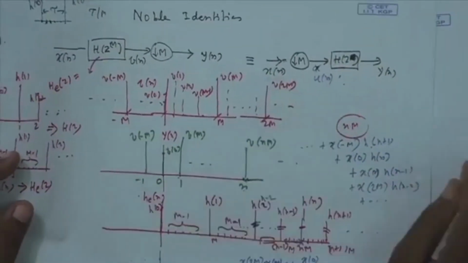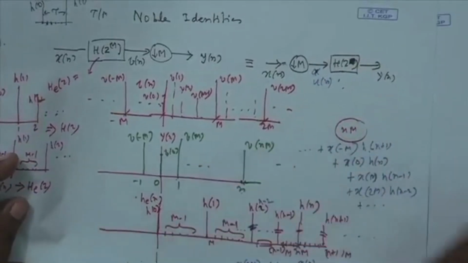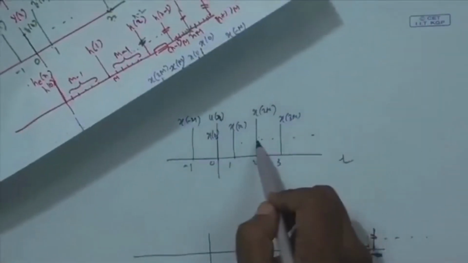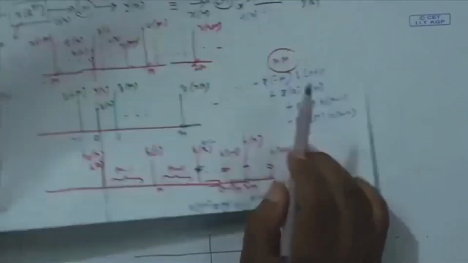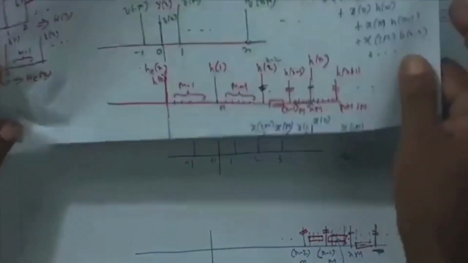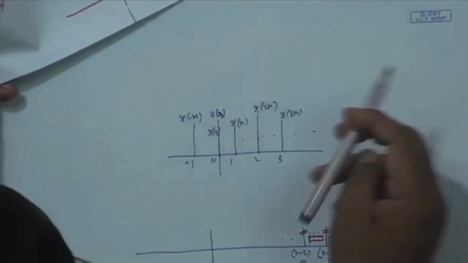So, x 0, then throw away the next m minus 1 samples, then take x m, that is the first sample, then again throw away the next m minus 1 samples, then take the next, that will be the second sample, and dot dot dot. That if you do, that is your u n. With that, if you convolve h z, what do you have? This was your h, original h.